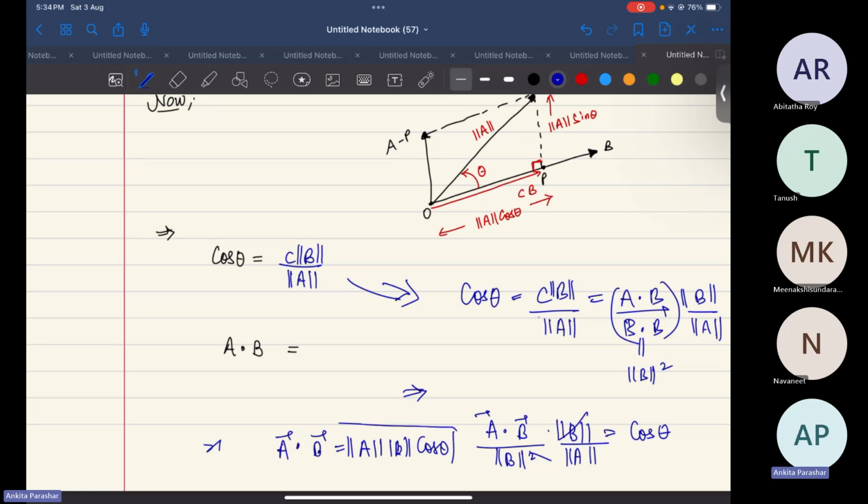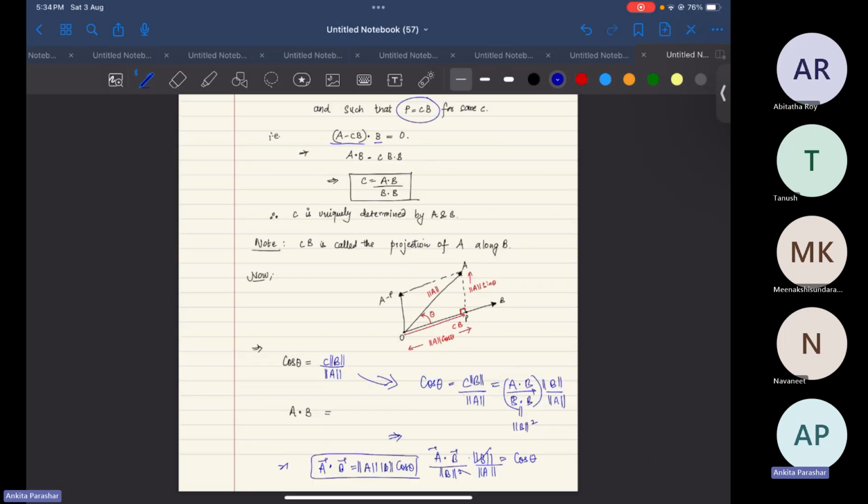Is that okay? I'm just giving a proof of how A dot B is norm A norm B cos theta. Now, can you also tell the meaning of the dot product?